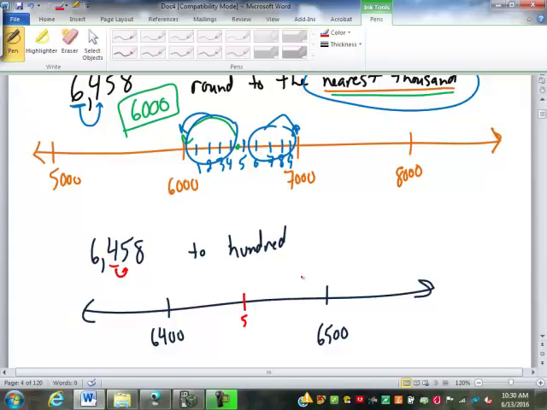What have we been taught to do with those? Round them up, right? 6,500. We round this 4 up to a 5. Well, why do we do that? Well, because again, on the number line, this isn't just 50, it's 58. So technically it is slightly past the center. It is closer to the 6,500.